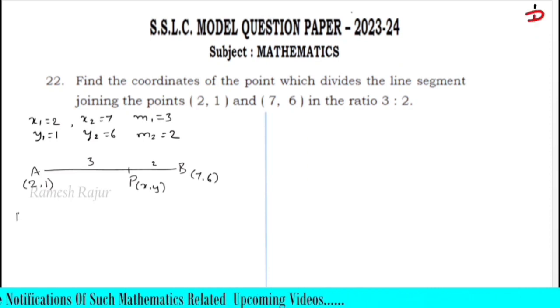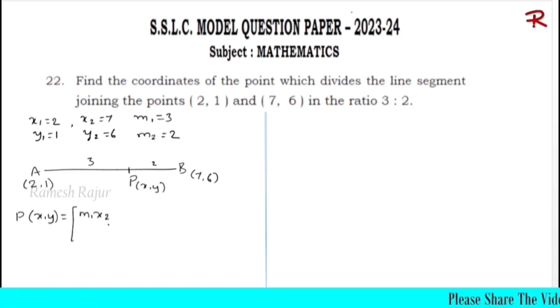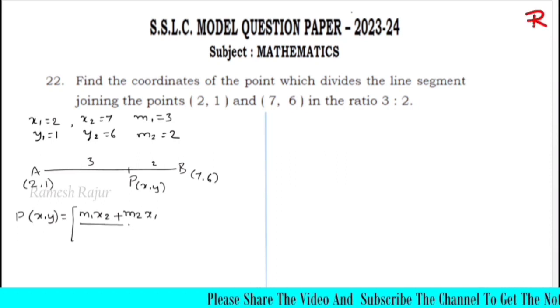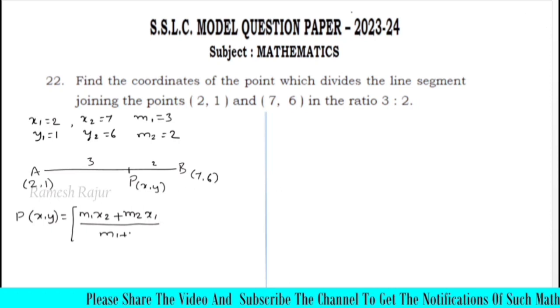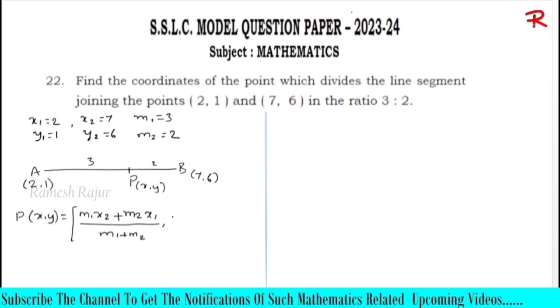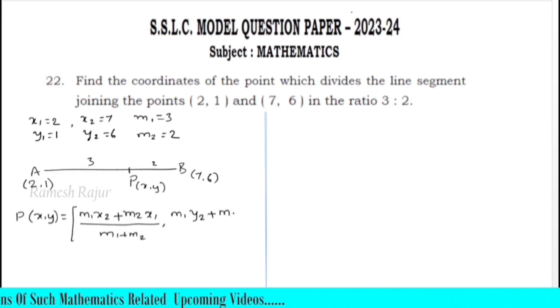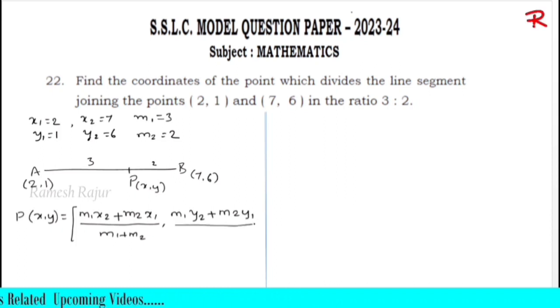We know the section formula, that is P of x comma y is equals to m1 into x2 plus m2 into x1 by m1 plus m2. Similarly, the coordinate of y is m1 y2 plus m2 y1 divided by m1 plus m2.